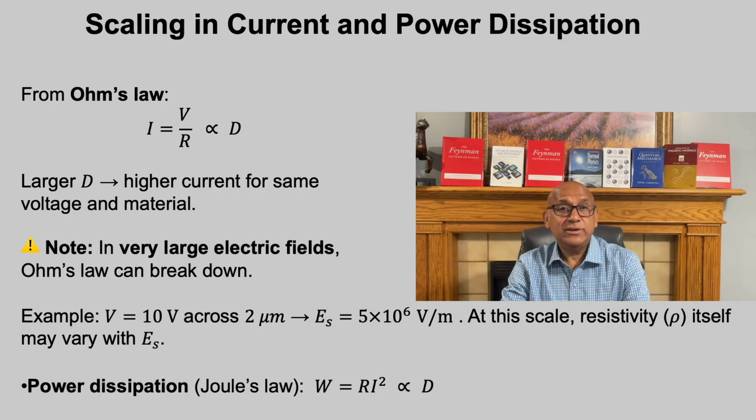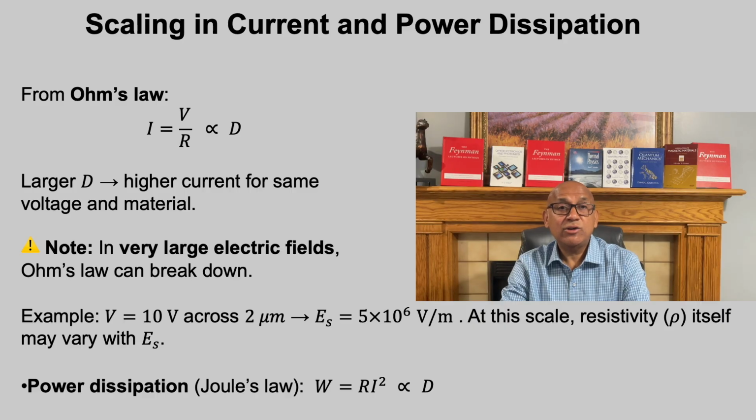Now, what about power? According to Joule's law, the power generated is resistance times current squared. If we substitute the scaling relations, we find that the power generated also scales with d. So smaller systems generate less total power. However, here is the catch. The mass and heat capacity of the device scales as d cubed, which decreases much faster.